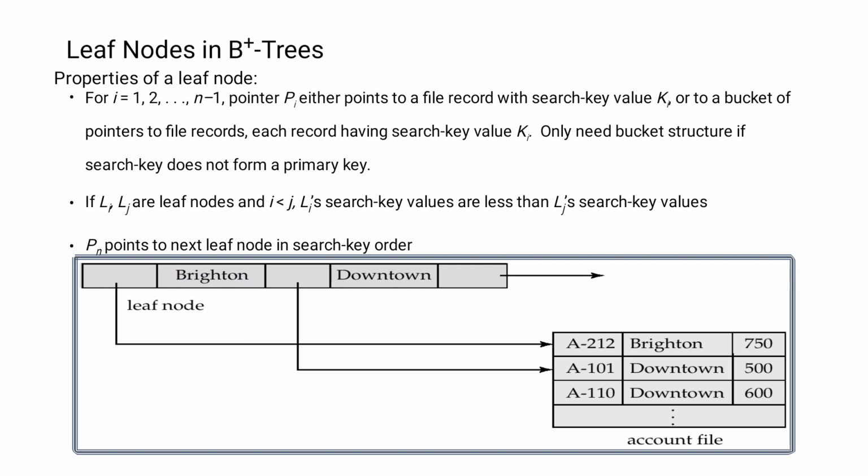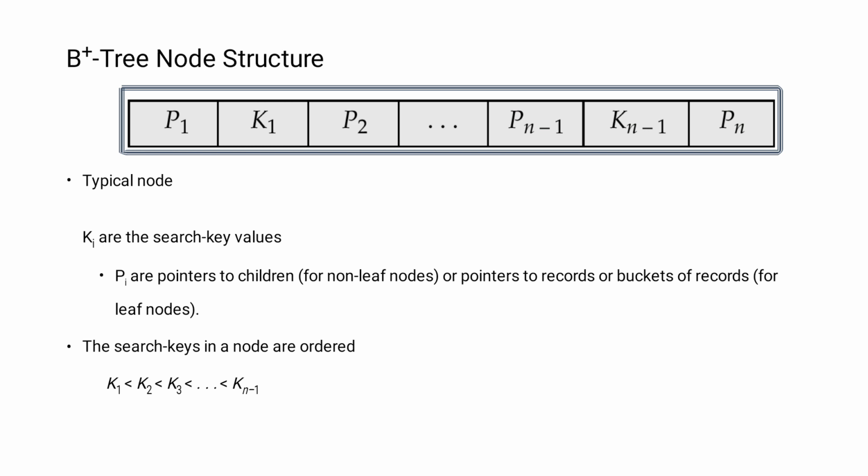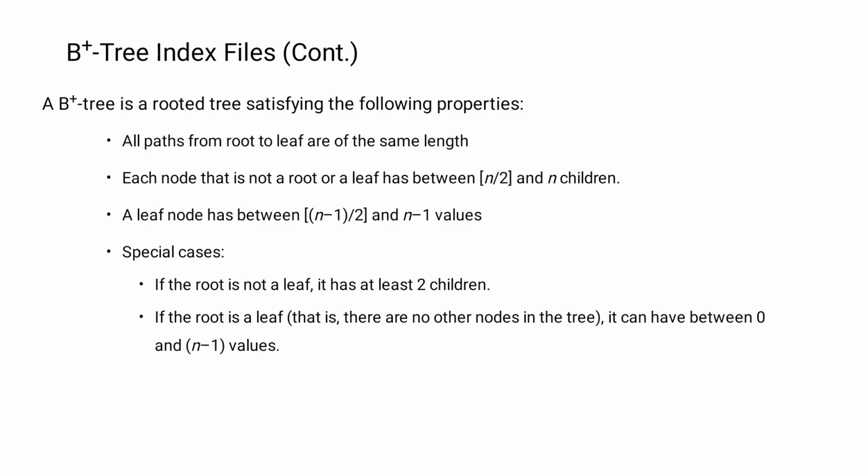We can allow leaf nodes to contain as few as (n-1) divided by 2 values. The range of values in each leaf do not overlap.